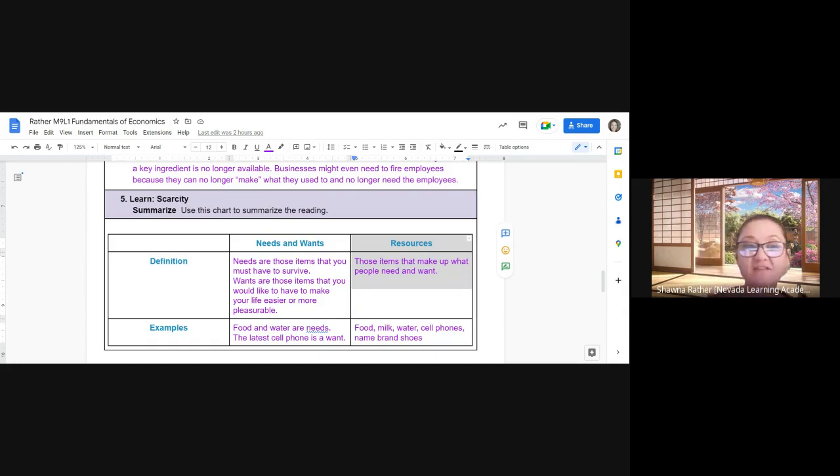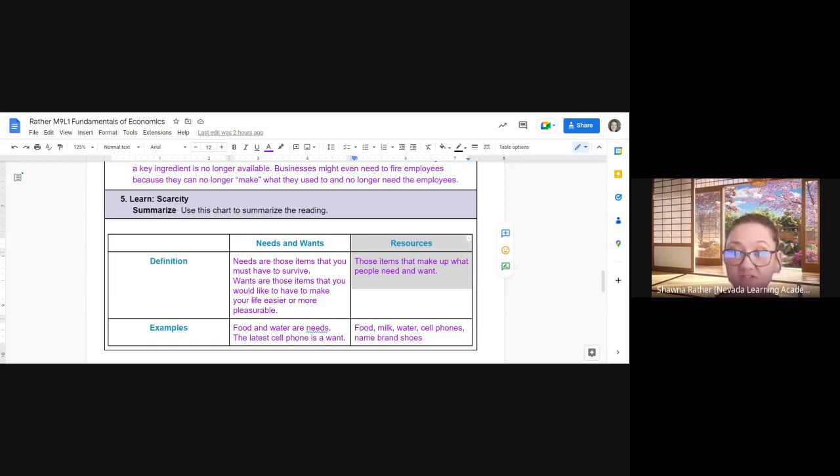So then it asks for examples. What are some examples of needs and wants? Well, food and water would be an example of needs. The latest cell phone is an example of a want, right? You can get those little cheap flip phones and they work for exactly what you need them to. You don't need the latest Samsung or Apple, right?